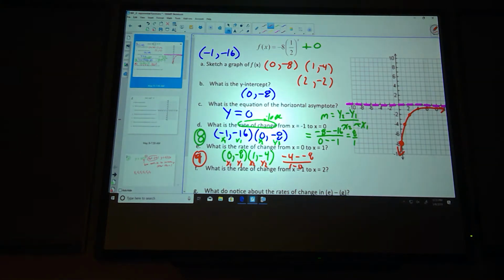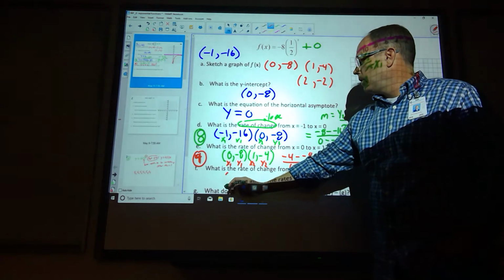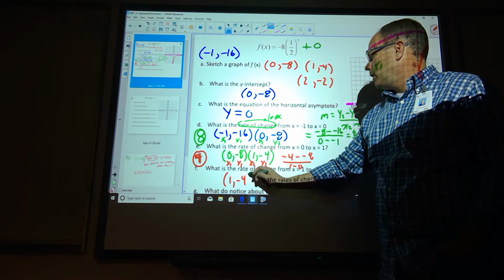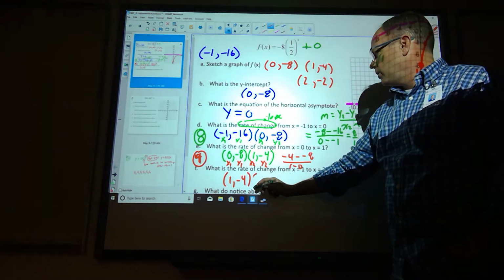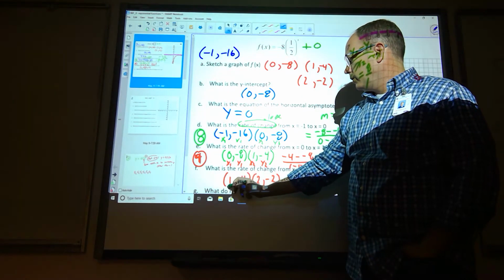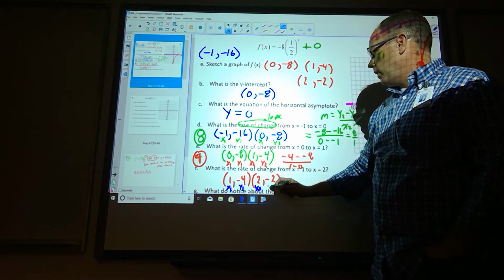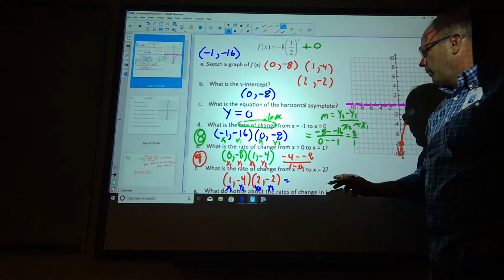Okay. Here it says, what is the rate of change from x equals 1? Well, that's 1 comma -4. And then what's the other one? 2, -2. All right, so let's again find the slope of this one. That's x1, y1, x2, y2. Find the slope using our slope equation.